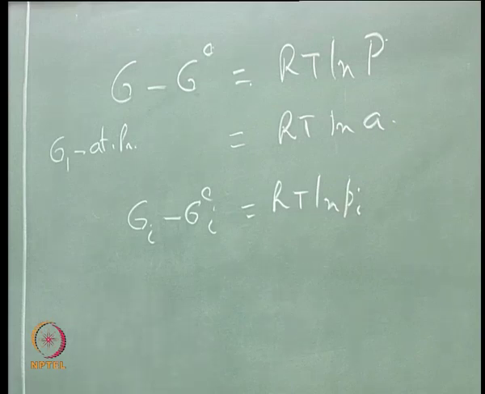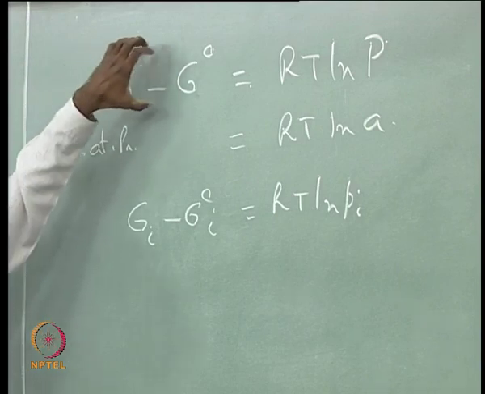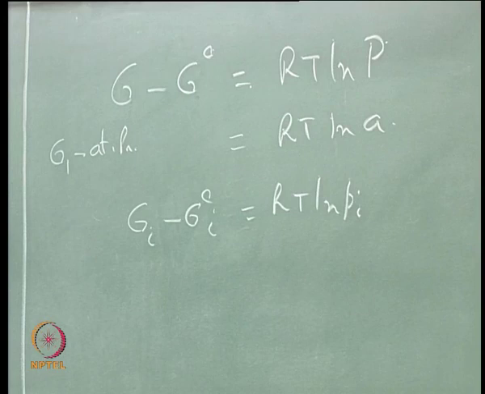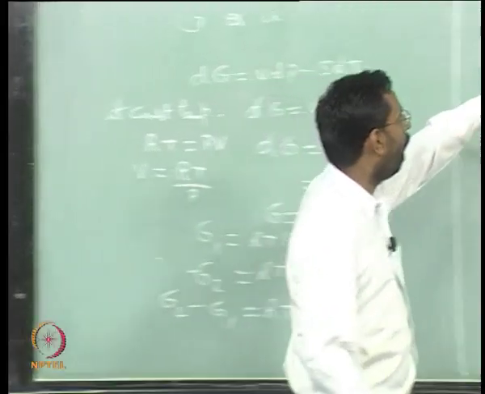And once we know this, we can start looking at various reactions that take place, and look at how we can correlate the free energies with the activities, and then from that get to know whether the reaction will go in the forward direction or in the backward direction. All this can be accumulated once we are aware of it.